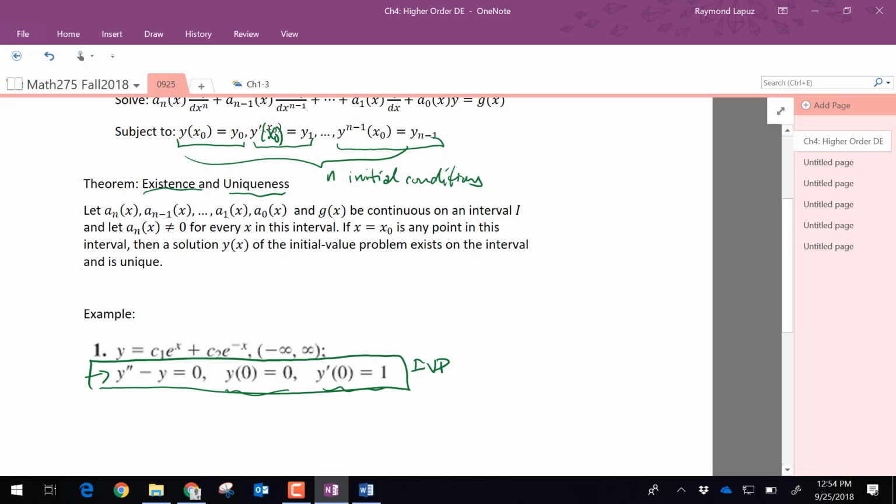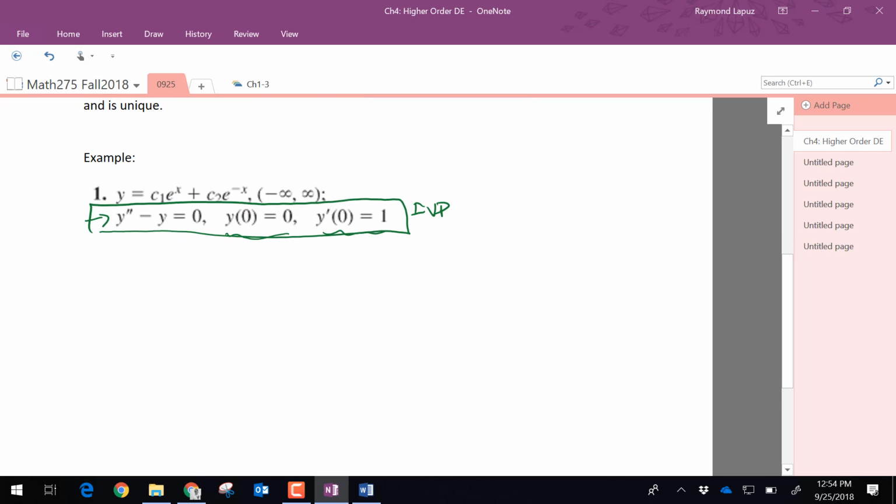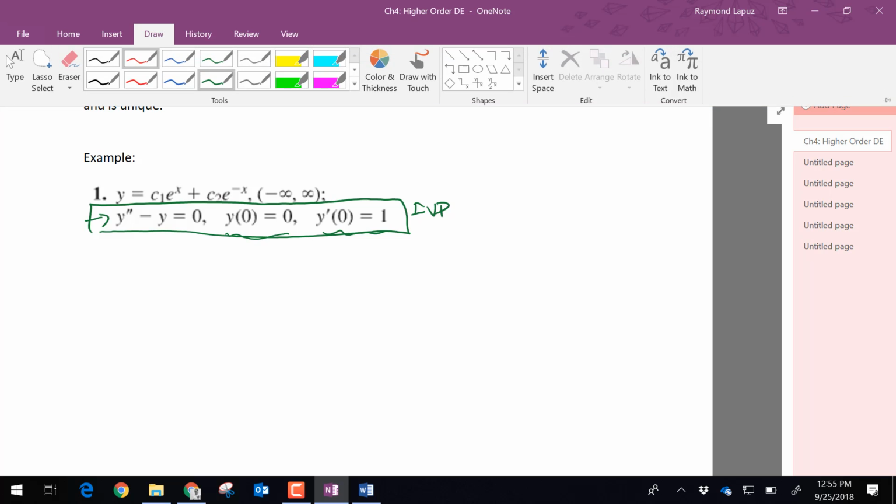Okay? So let's see if we can find it. First of all, you should probably check to make sure that this is actually, in fact, a solution. And we could do that by just taking a couple of derivatives and seeing what happens.